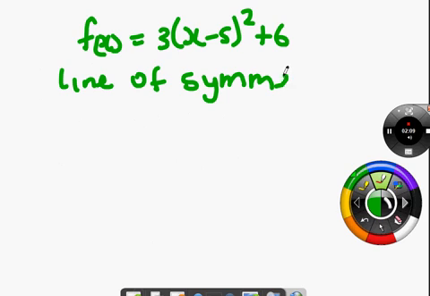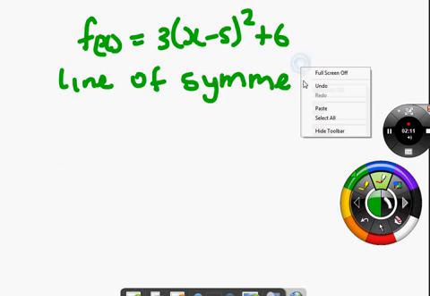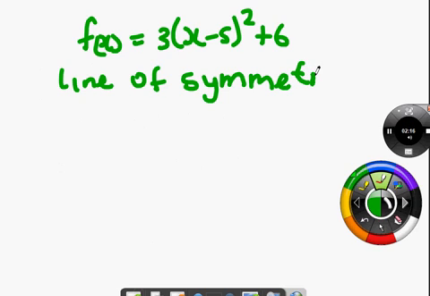In other words, if you can find the x value of the turning point, then you can get the line of symmetry. In this case, it's x is equal to 5.